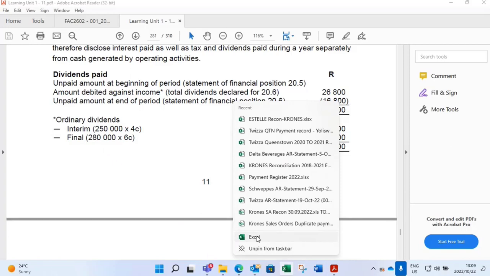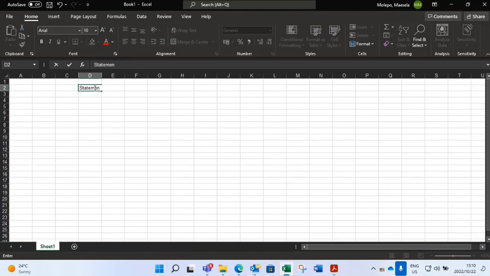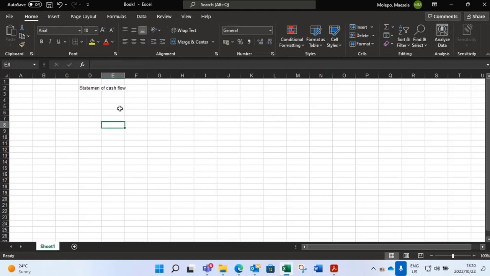So let's go to the Excel sheet, where we'll be able to present that in the form of a ledger. Statement of cash flow. Then we do the cash paid to supplier.